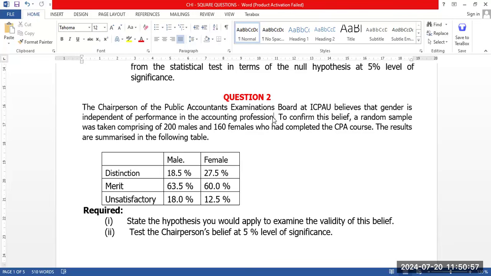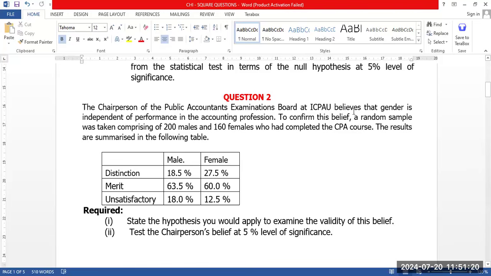So what is the alternative? Who can now state the alternative? What is the opposite of independent? Alternative is dependent.